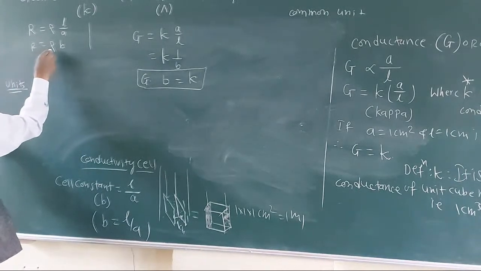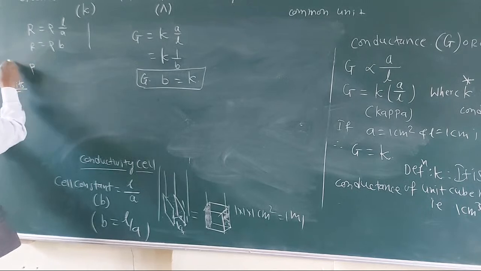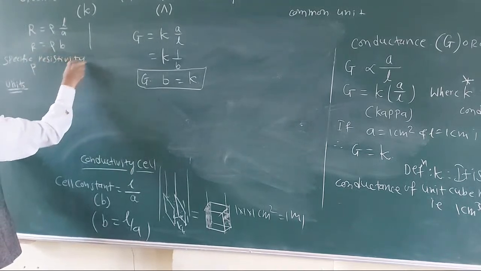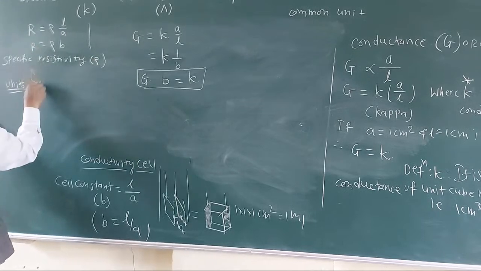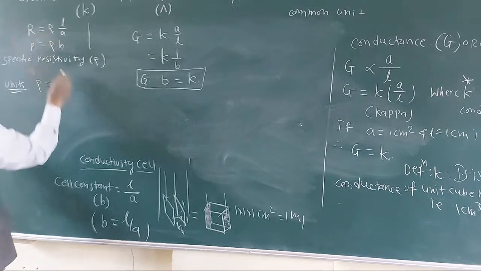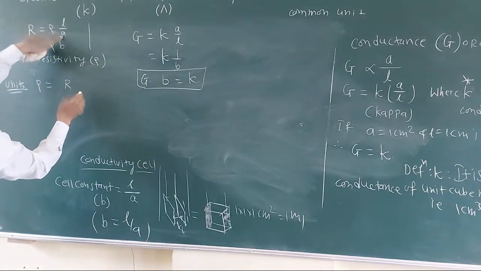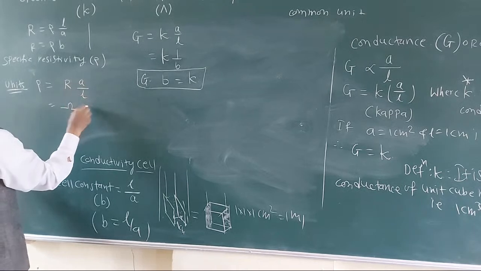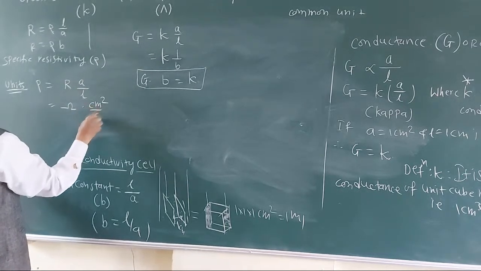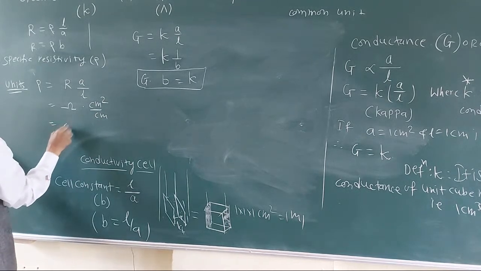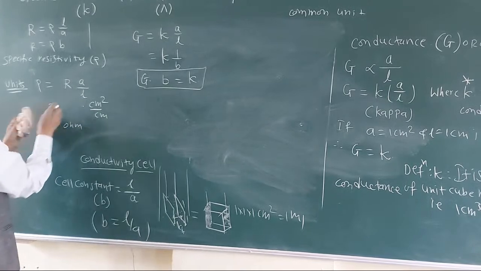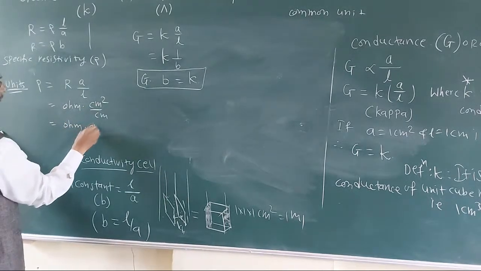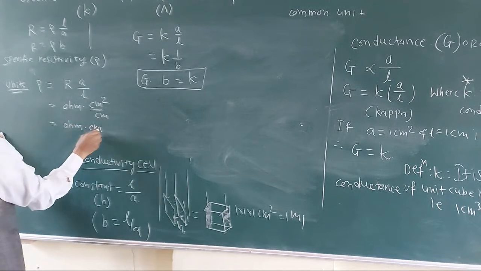You know R is equal to rho times L upon A, so rho is equal to R times A upon L. The unit of A upon L is centimeter square upon centimeter, and R has the unit ohm, so ohm centimeter is the unit.